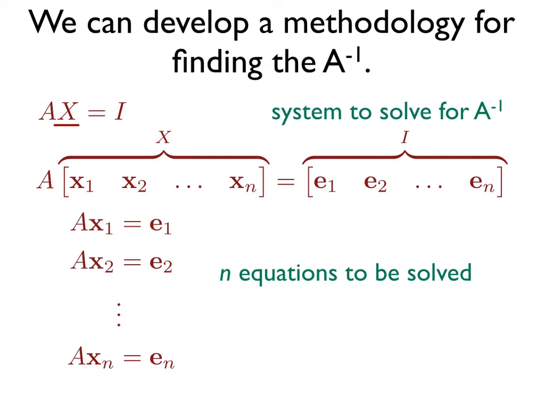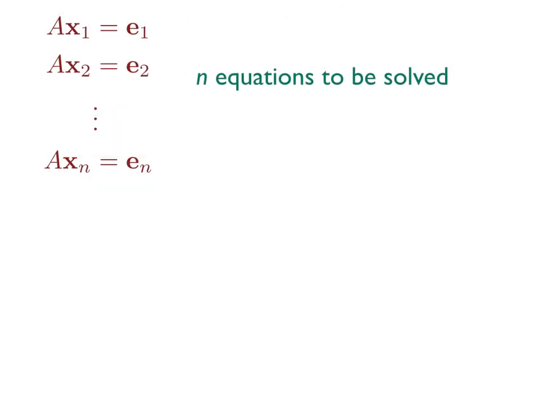So the jth column of A inverse would be A times x sub j is equal to E sub j. So here are n equations to be solved again. And we can write that as an augmented system for AX equals I, which would be A, the coefficient matrix on the left of the augment, and I, the right-hand side matrix on the right-hand side of the augment. And certainly finding the solution of that would give me X, and if you recall, X is the inverse of A.